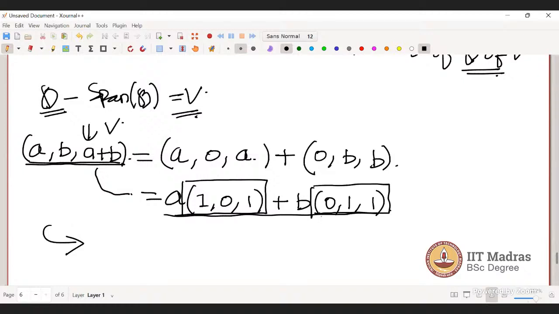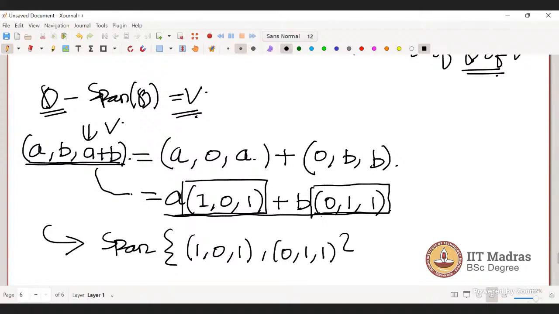That means the span of this set {(1, 0, 1), (0, 1, 1)} is V, right?